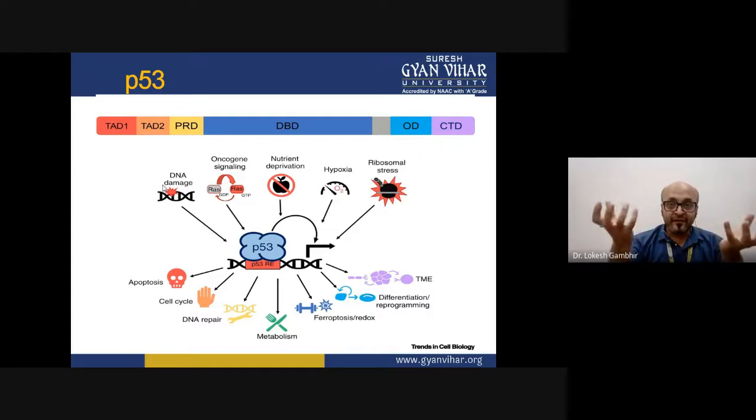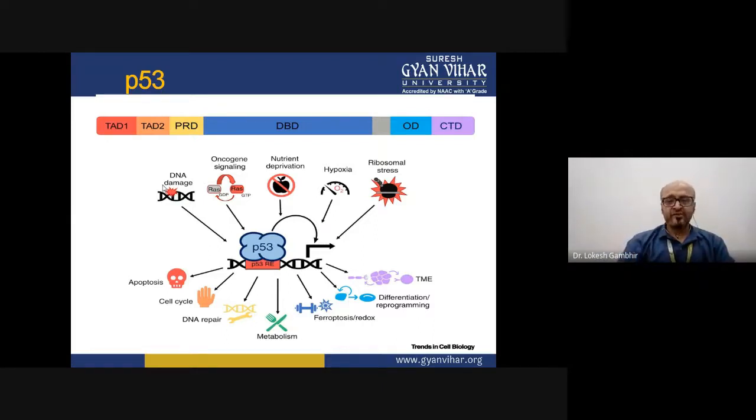Or there is any kind of nutrient deprivation or a condition of low oxygen concentration called hypoxia, or there is a ribosomal stress, or there is ionizing radiation exposure. The ionizing radiation exposure will in turn cause DNA damage, thereby activating the P53.